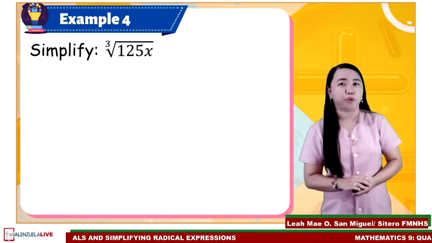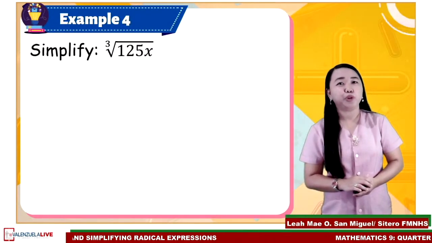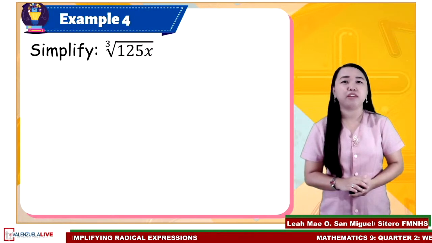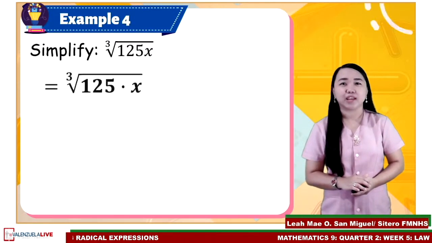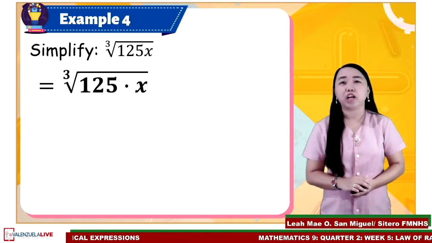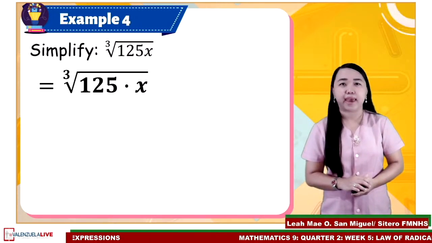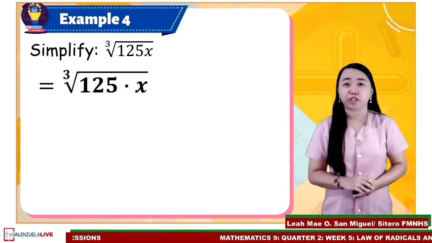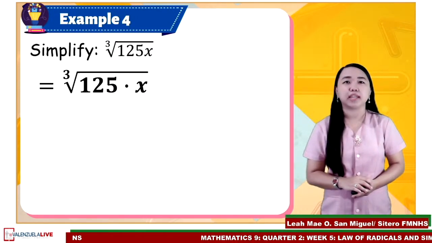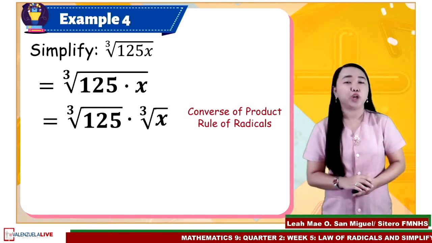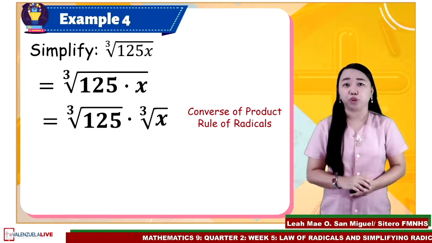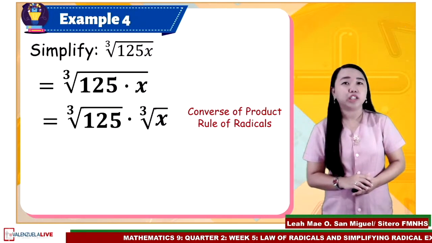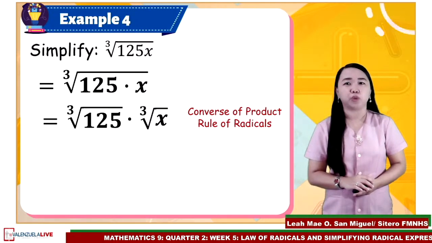Example number 4. Cube root of 125x. We can express it as cube root of 125 times x. Applying the converse of the product rule of radicals, it can be written as cube root of 125 times cube root of x. 125 is a perfect cube number.